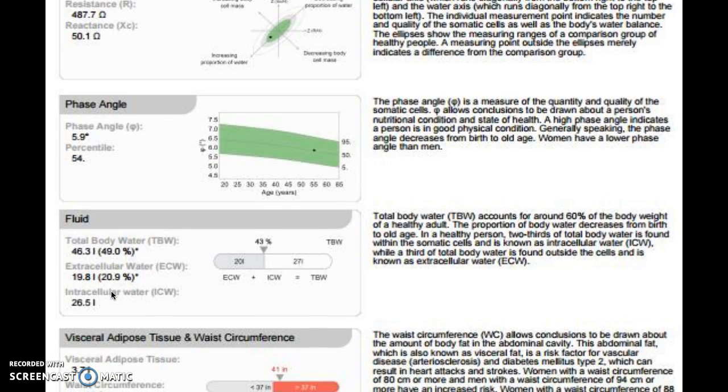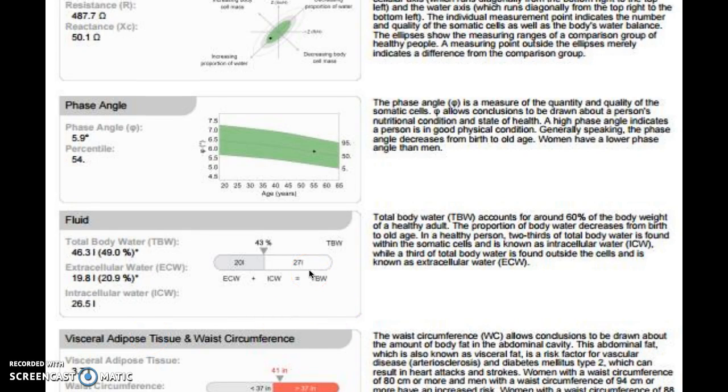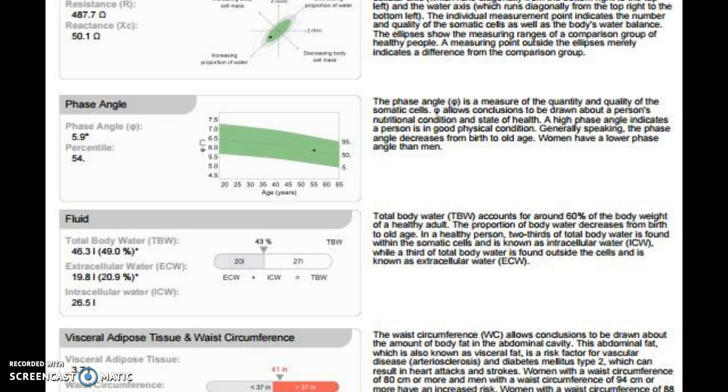Below that is visceral adipose tissue. You can see in this example, let me move my screen down just a tad here. In this example, this patient had 3.7 liters of fluid in that visceral adipose tissue area. This is commonly referred to as belly fat, for lack of a better word.